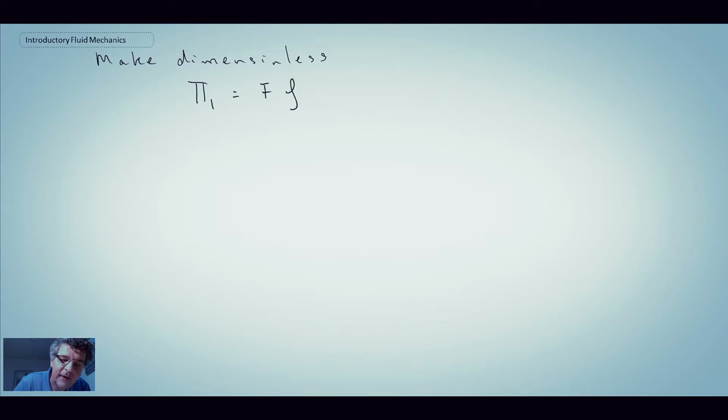And the technique that we do, leave your first variable or parameter as is, and then raise the other ones to different exponents. So density will be raised to the A, velocity B, diameter to the C. And this is then going to result in, and I'm going to pull in the dimensions for each of the terms that we have in this group.